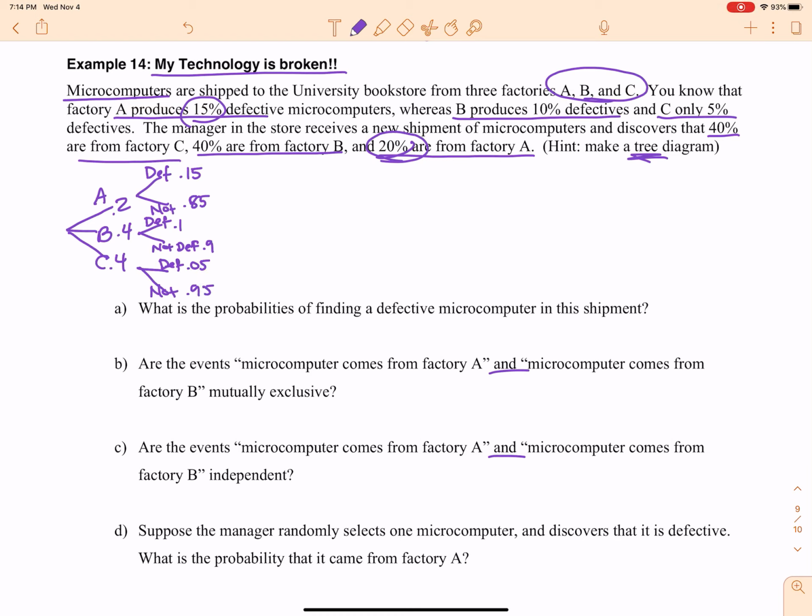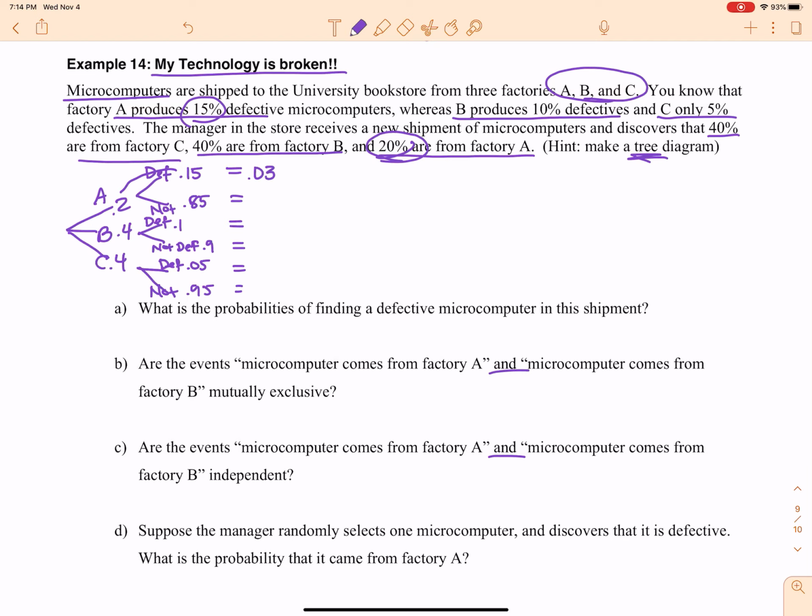Now, how do we come up with probabilities? Well, you've got to finish out the tree, and the way you do that is just like this. You're going to multiply out. So 0.2 times 0.15 is 0.03.